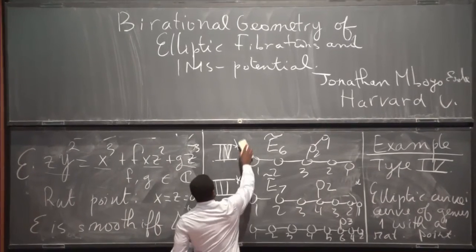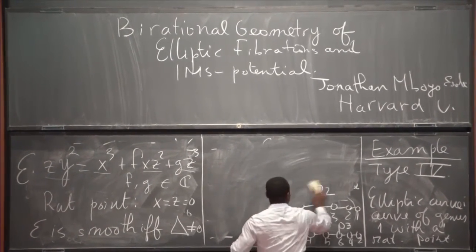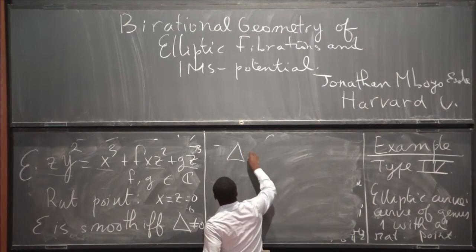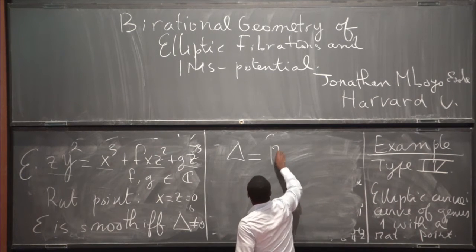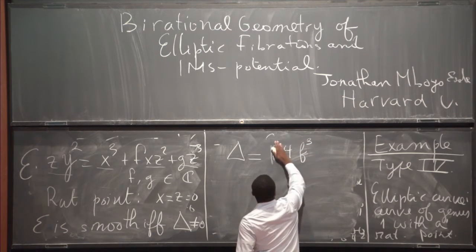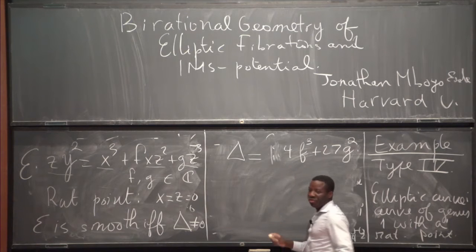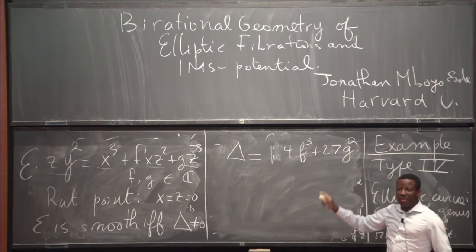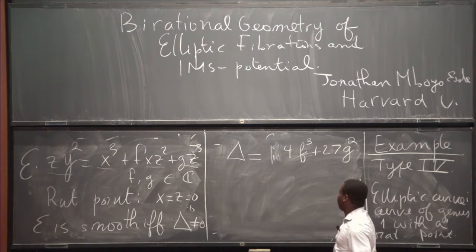And the discriminant has a very simple definition. Up to a constant, you can take it to be 4f cubed plus 27g squared. So if you choose f and g that are not a solution of delta equals 0, you find yourself a smooth elliptic curve.